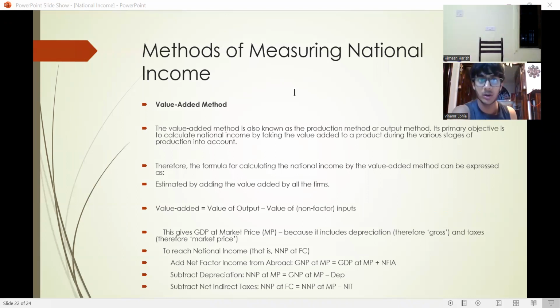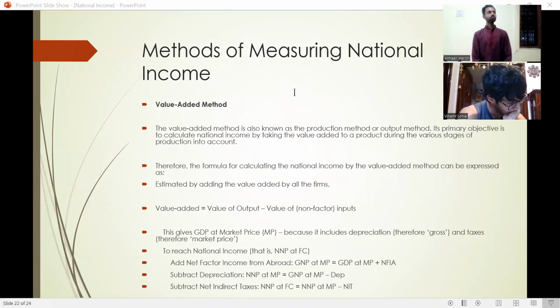Also, in my notebook I have written NNP at FC, net national product at factor cost, equals net domestic product at factor cost plus net factor income from abroad.